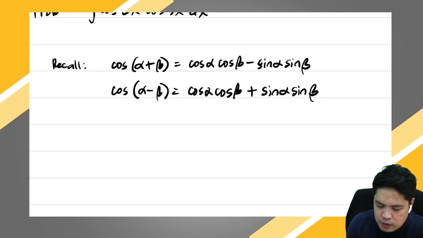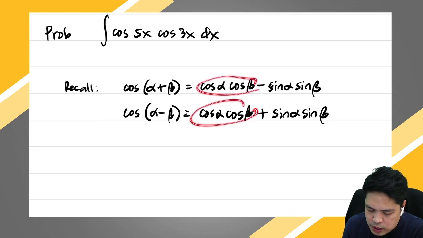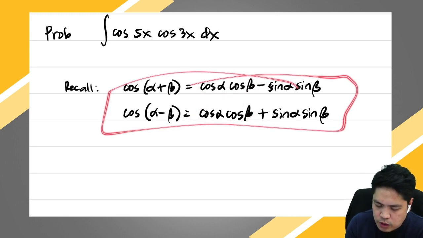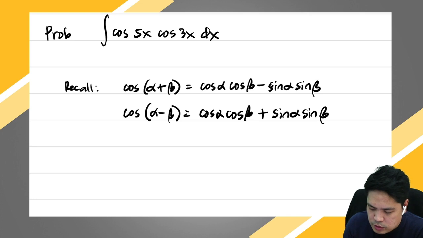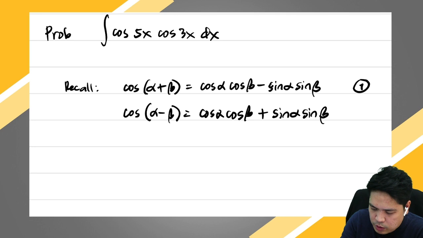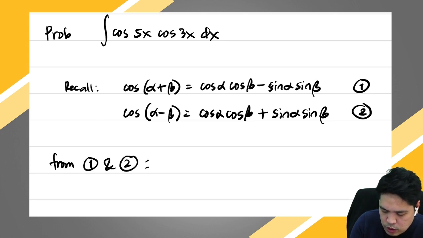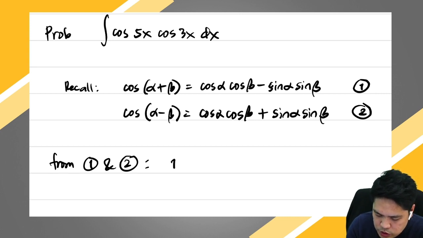Now, if we want to solve for this, we could add these two identities to cancel this out. If we name this equation 1 and this equation 2, we add equation 1 and equation 2.